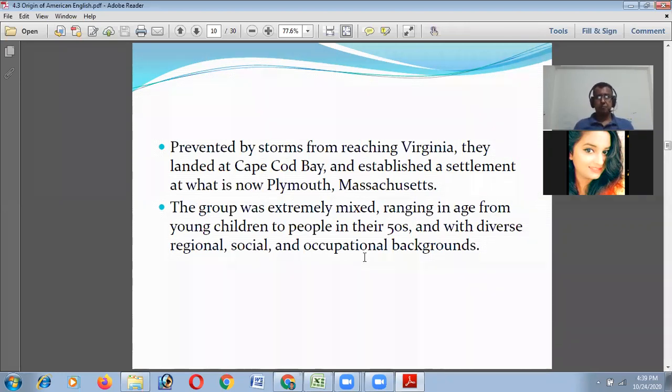Prevented by storms from reaching Virginia, they landed at Cape Cod Bay and established a settlement, what is now Plymouth, Massachusetts.